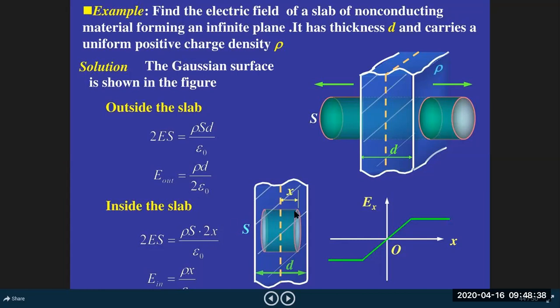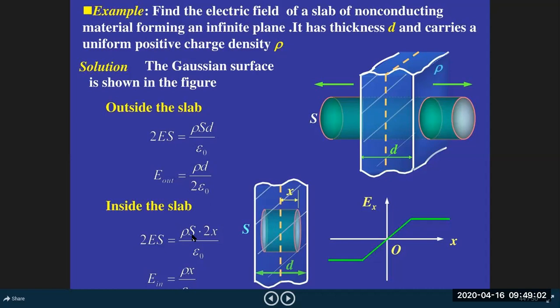So try to understand, this is the center, a line passing through the middle of the thickness of the slab. Say this Gaussian surface is separated by a distance x from this line, and this is separated by x from this line. So this is minus x and this is plus x. So the separation between the two is 2x.